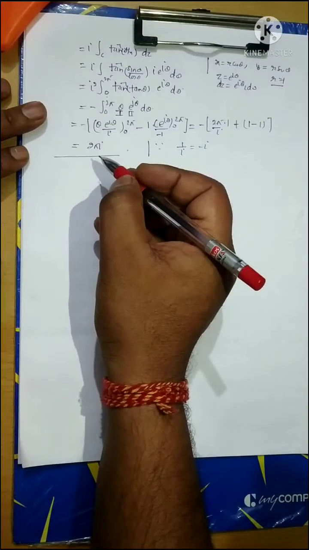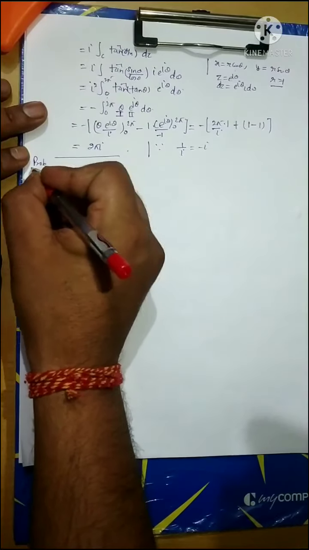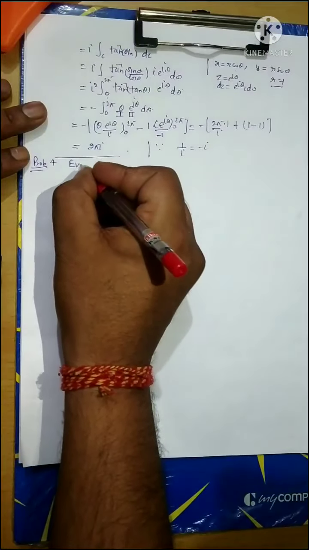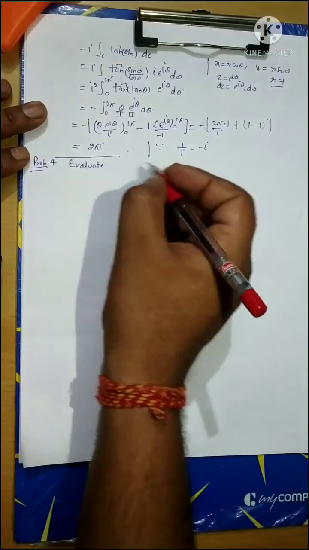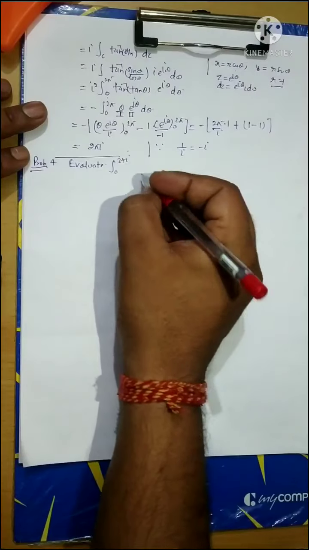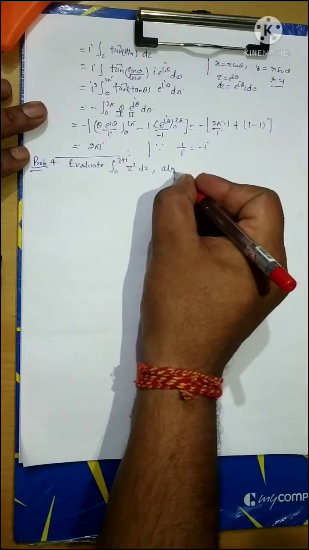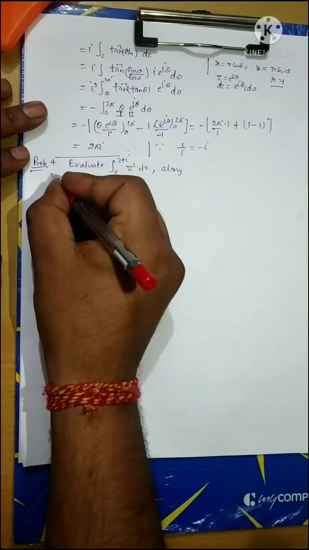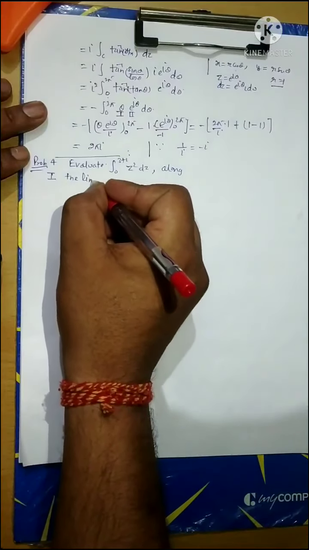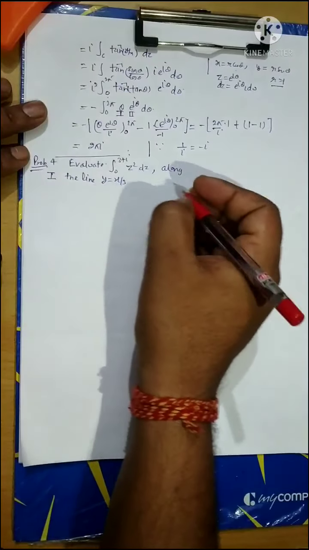Now second problem, that is problem number 4. Evaluate the integral limit 0 to 3 plus i of z square dz along: number first, the line y equal to x by 3.